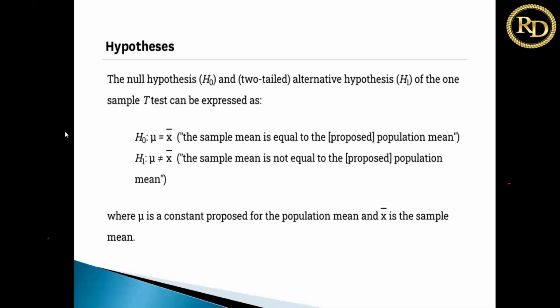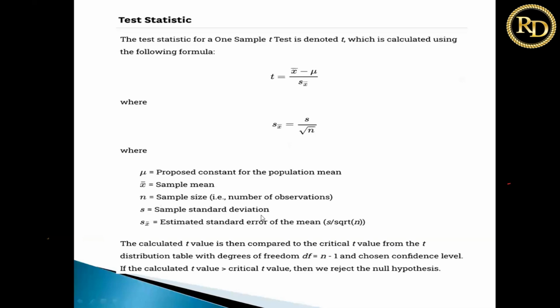It can be expressed as H naught such that mu is equal to x bar, and H1 such that mu is not equal to x bar. That is, the sample mean is not equal to the proposed population mean. Under the null, we consider that the sample mean is equal to the population mean, where mu is a constant proposed for the population mean and x bar is the sample mean.